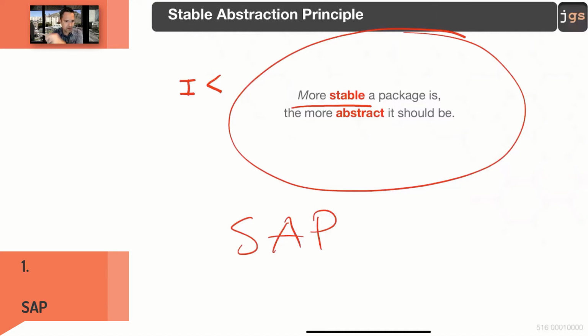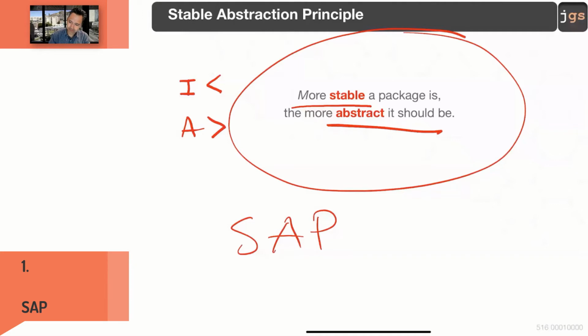I equal 0, stable. So lower values for the metric I mean that you need a high value for the abstractness. So principle number 1: stability and abstraction should be the opposite.